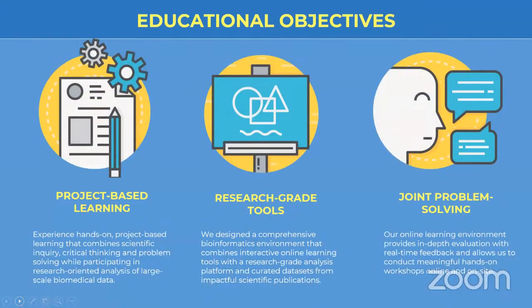The programs follow a project-based learning approach using research-grade tools to analyze data from top peer-reviewed journals. The training is offered in six different specialization tracks, which include oncology, infectious diseases, precision medicine, neuroscience, data science for biomedical data, and comprehensive training on omics data analysis.